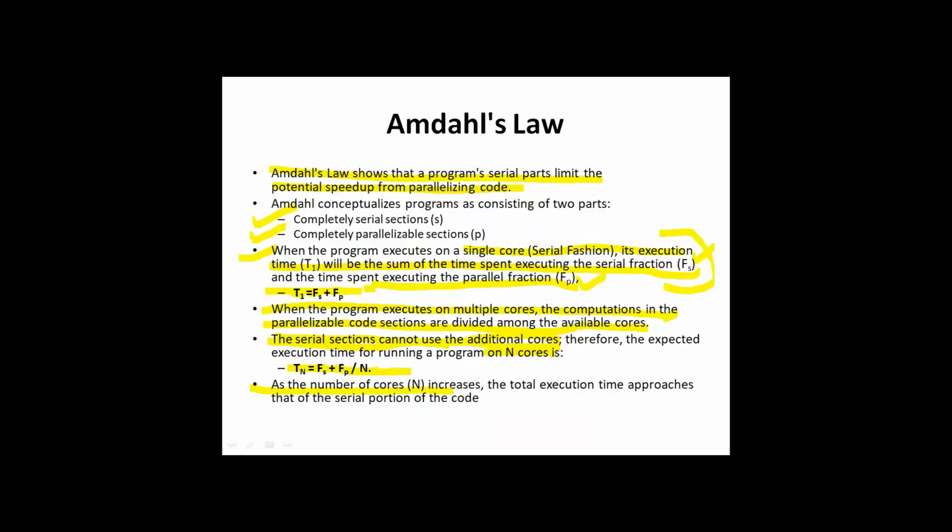As the number of cores n increases, the total execution time approaches the serial portion of the code, because Fp over n reduces and eventually may become zero. So it will mainly depend upon Fs only. Theoretically it can be zero, but practically it can never be zero.